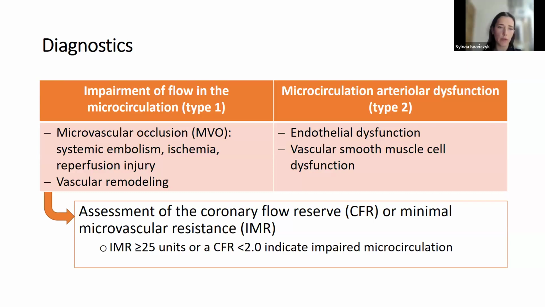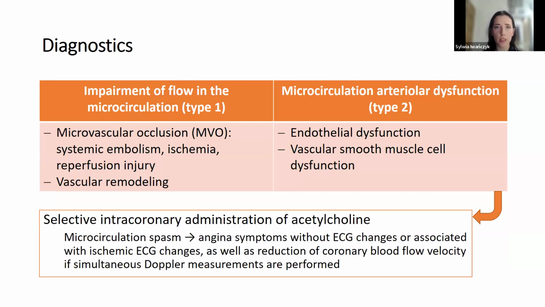And when we have an EMR more than 25 units and CFR less than 2, we can recognize impaired microcirculation. Type 2 is rather associated with endothelial dysfunction and vascular smooth muscle cell dysfunction.